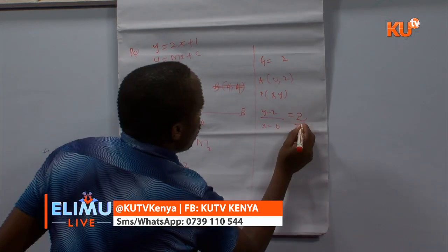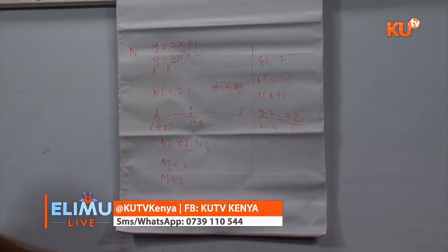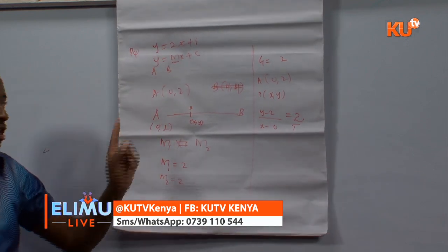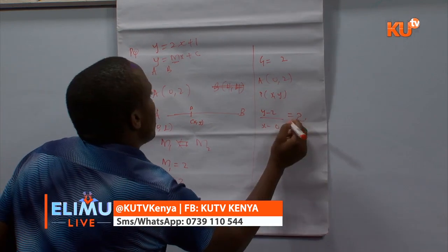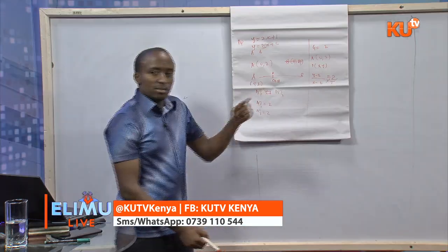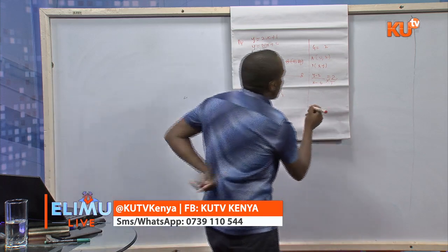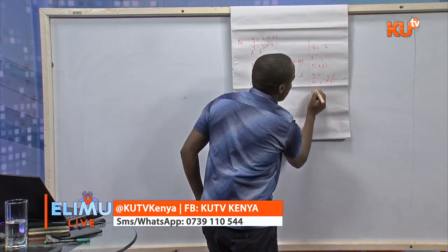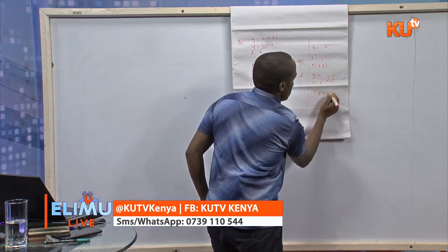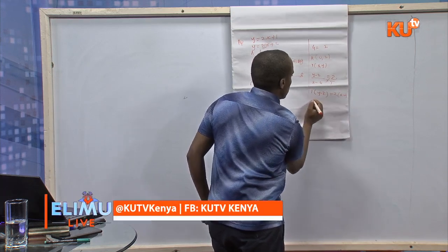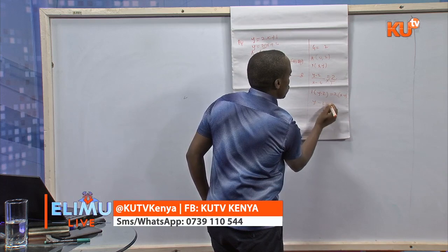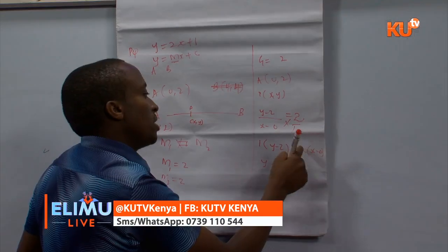Having known that the gradients of two lines that are parallel to each other are the same, the same concept applies here. You just multiply out: 1 multiplied by y minus 2 is equal to 2 multiplied by x minus 0. This becomes y minus 2 is equal to 2x, since 2 multiplied by 0 is 0.